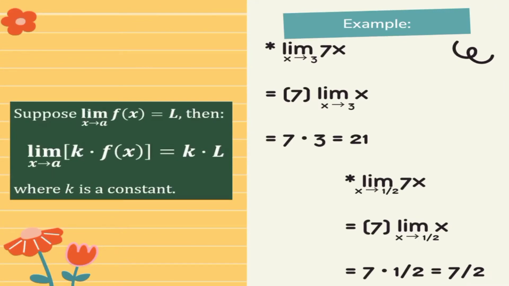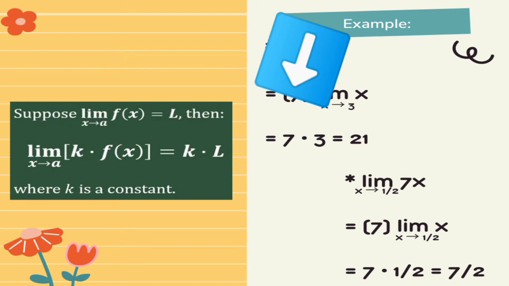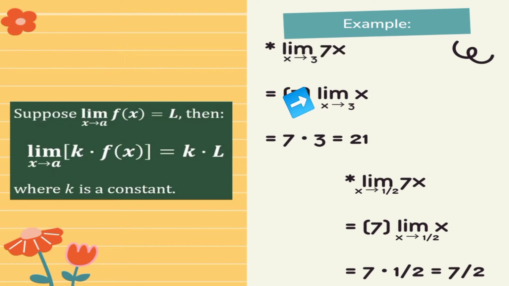So for our example, to apply the theorem number 3, we have the limit of 7x as x approaches 3. So we are going to just copy the constant 7 and then write what is left, the limit of x as x approaches 3.